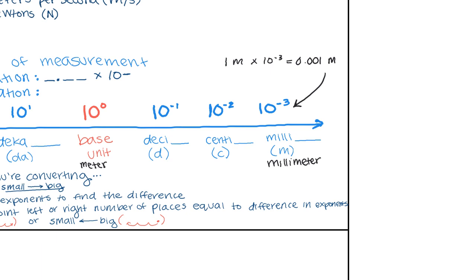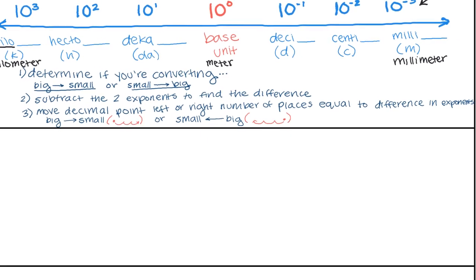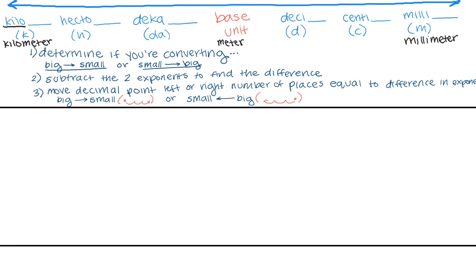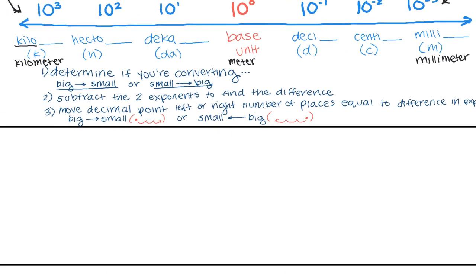So if we want to convert between units here, these are the steps that we would follow for converting units. The first thing to determine is if you're converting from a big to a small unit or a small to a big unit. Now, I'm going to write off to the side of these notes, but if you do have room in your notes, I recommend you just write this next to these steps.